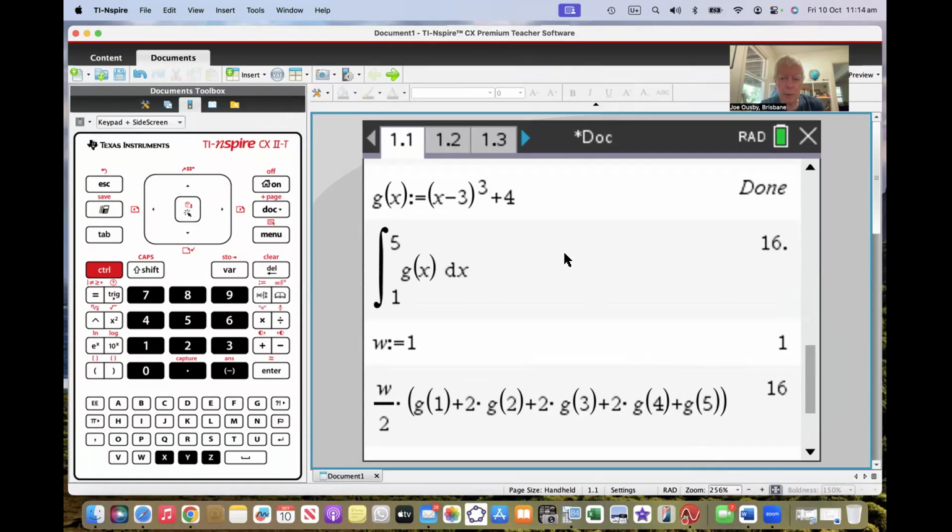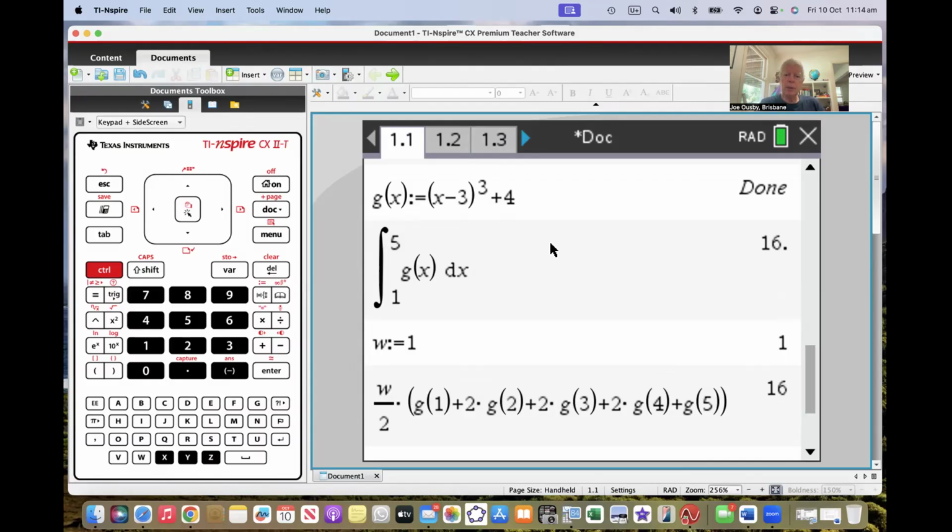What I saw interestingly yesterday was that there is a class of functions which, if you apply the trapezoidal rule or Simpson's rule, give you the exact answer to the area.